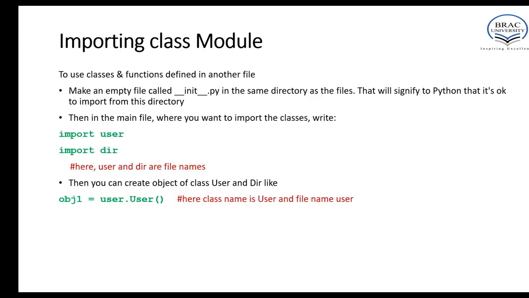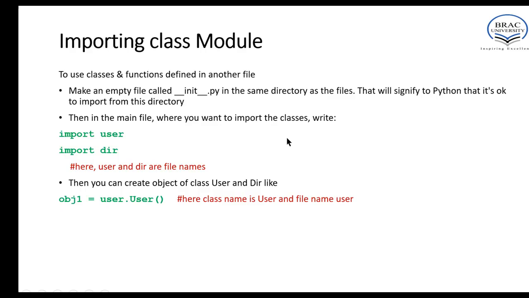So now, importing a class module: instead of writing all the classes in one file, you can write the design class in another file and then call this class from another file.